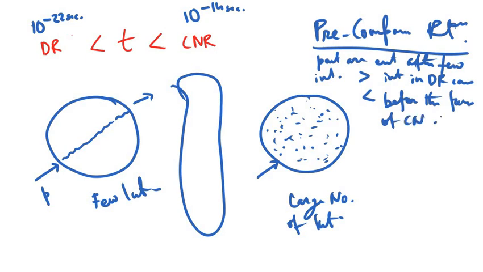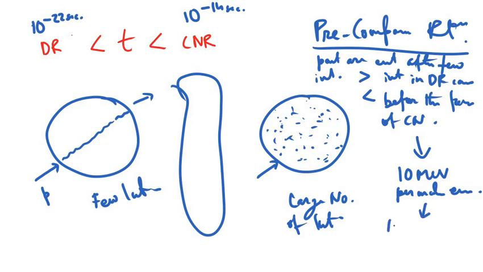Understand? Now normally it is observed that pre-compound reactions we see at energies of 10 MeV per nucleon, and they are sometimes associated with doorway states.